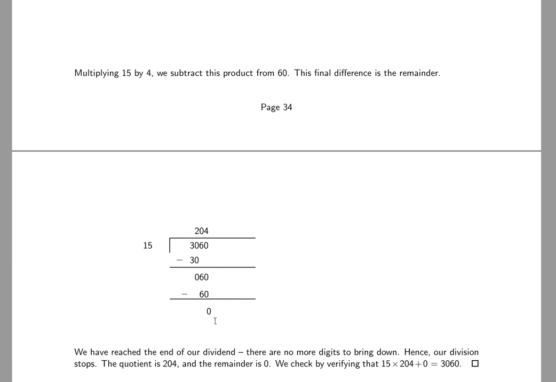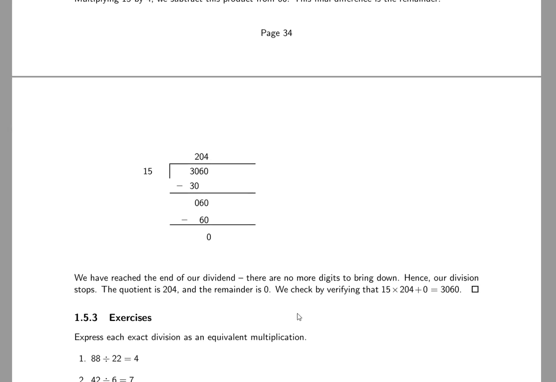Subtract, we get 0. So the answer is 204. The quotient is 204 and the remainder is 0. So 15 divides evenly into 3060. It fits in 204 times, nothing left over.